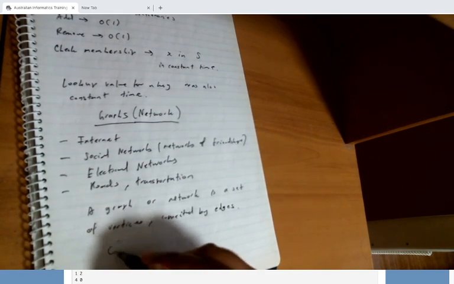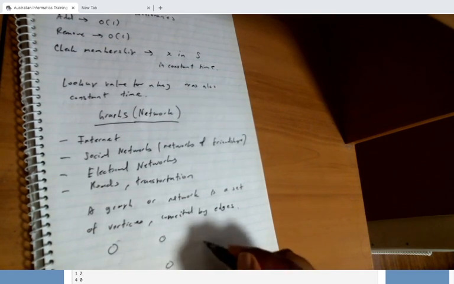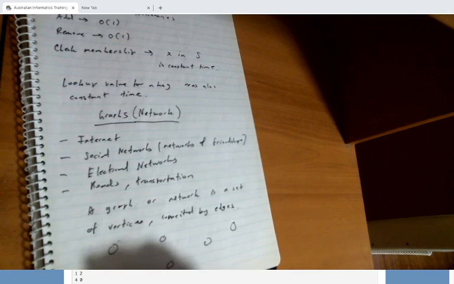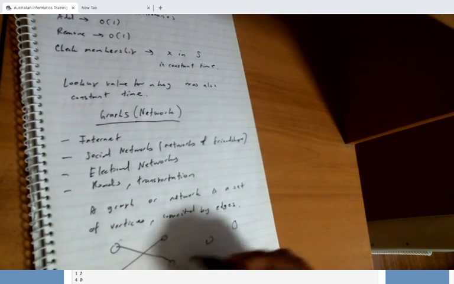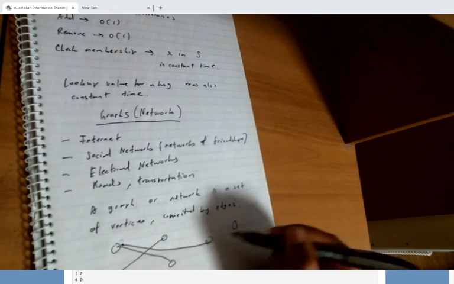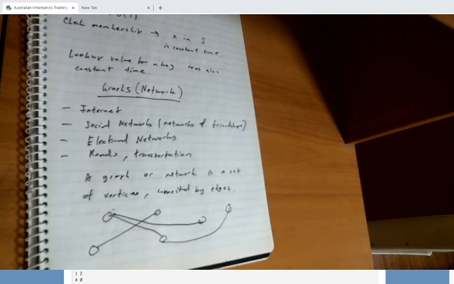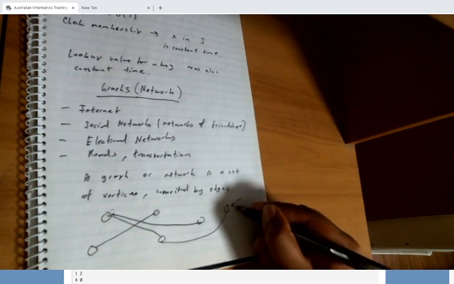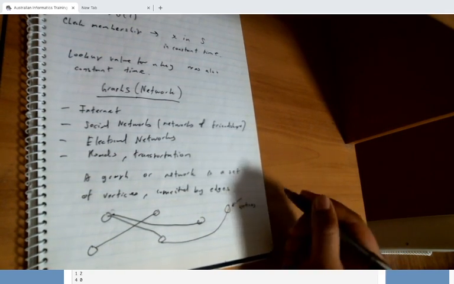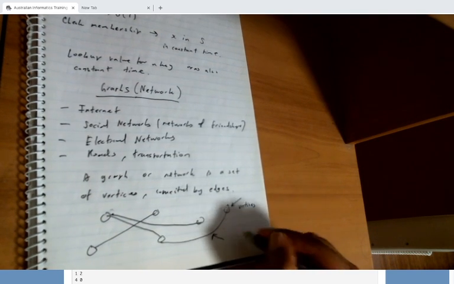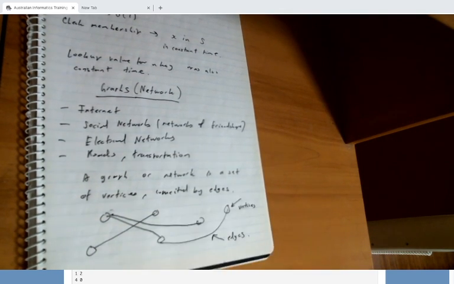We have a bunch of dots like this, and maybe there are some connections between them. Maybe this might be a connection, or this. For example, these might be connections between some of the dots. So we have dots that are connected by lines, and the dots are called vertices, and the lines are called edges. Simple enough. But this concept pervades everyday life, and it pervades computer science.